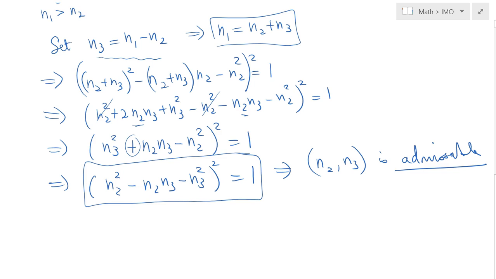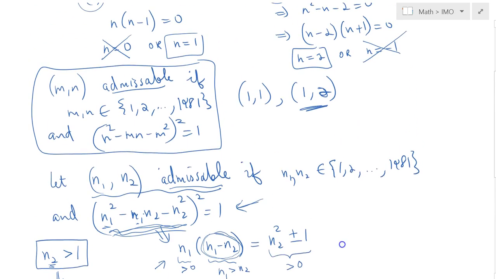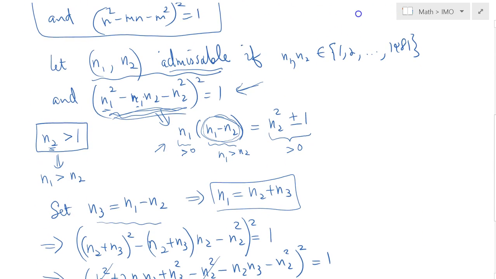But that's pretty interesting, because now we have a new expression which is admissible, and if n sub 3 is strictly greater than 1, then as we did early on in our analysis, right here, we can keep moving, right?